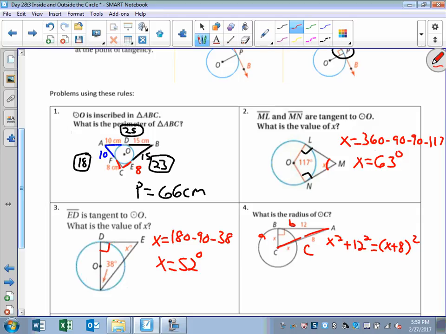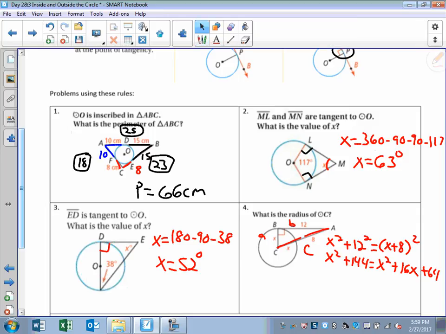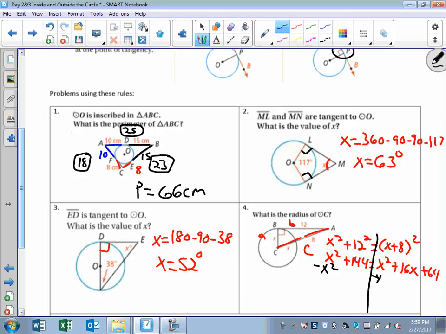Now, when you FOIL that out, you would get x squared plus 16x plus 64. If this looks confusing, don't worry. When we start to solve, if we subtract x squared from both sides, these are going to cancel out.